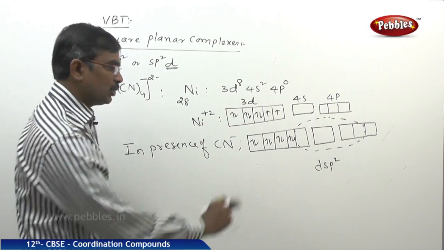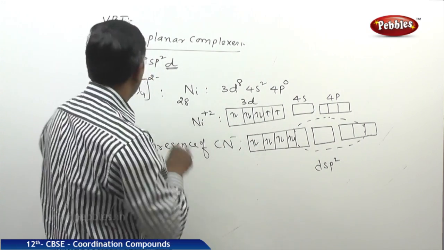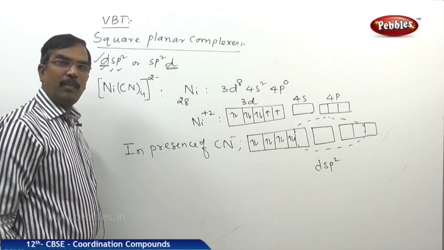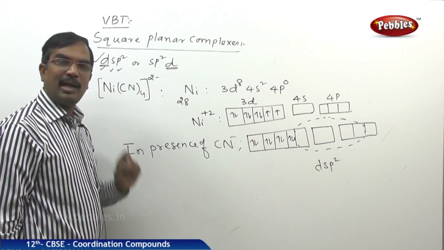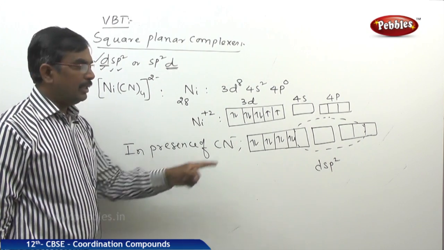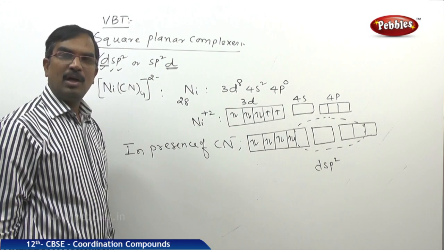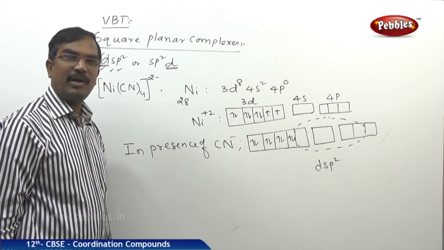After this, every dsp2 orbital is vacant, so the CN- is able to donate an electron pair to these dsp2 atomic orbitals. This leads to formation of the corresponding complex.